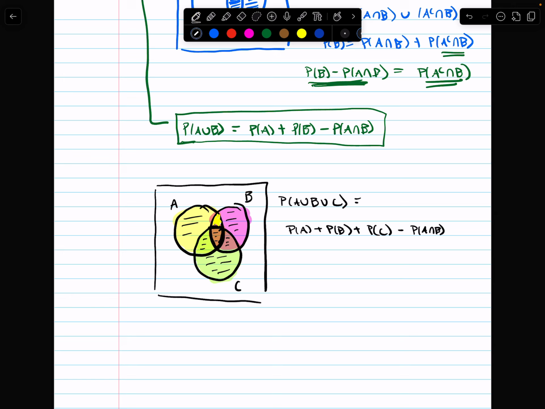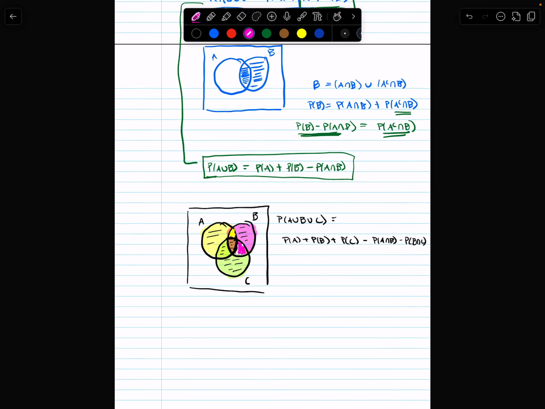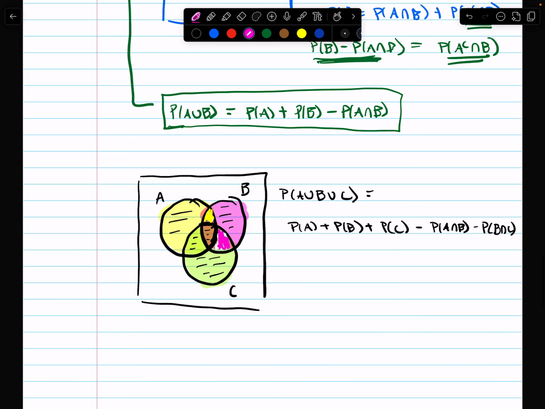If we then subtract off B and C, then it's going to remove that 1 time, put it back in, and the middle football 1 time. So it's now been removed twice. And then if I then subtract off A intersect C, then it's going to remove this one 1 time.